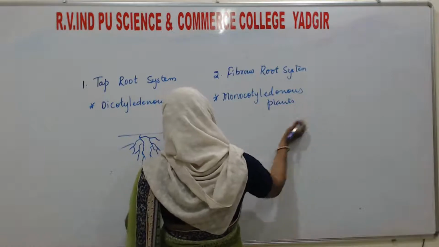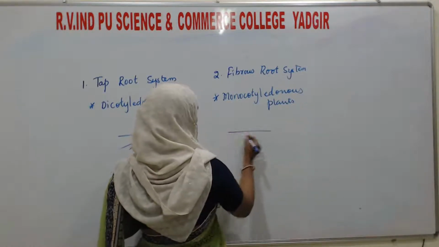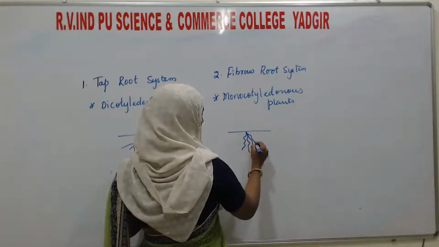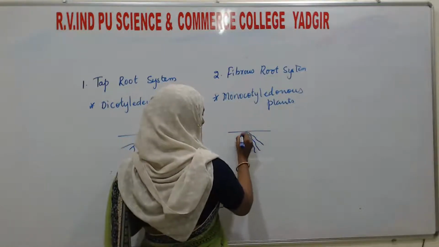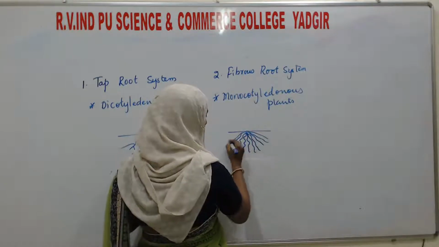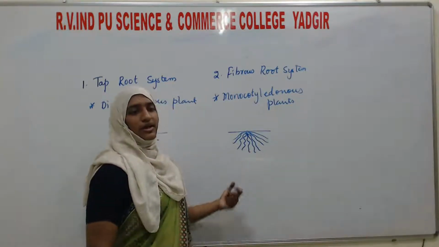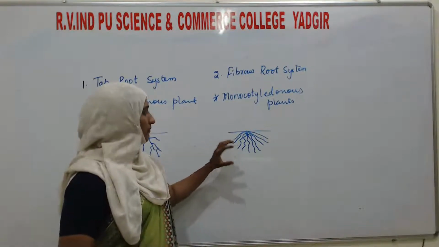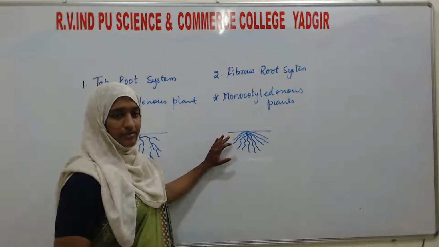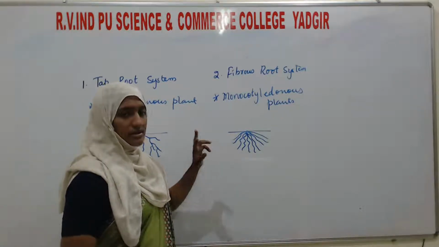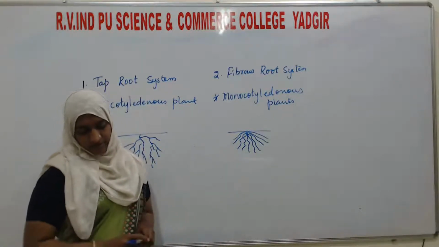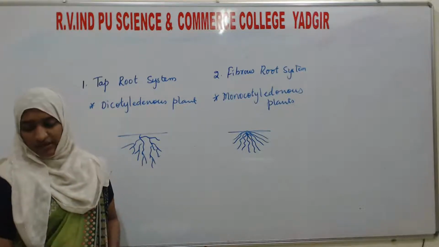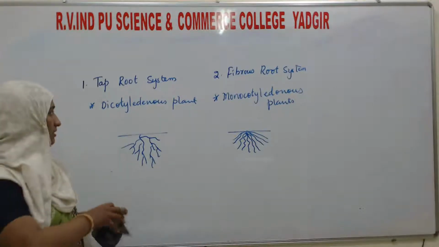The primary root, when it is young, after that is going to diminish and it will give rise to a large number of fibrous roots that will form a fibrous root system. Okay, and the third type is the adventitious root.